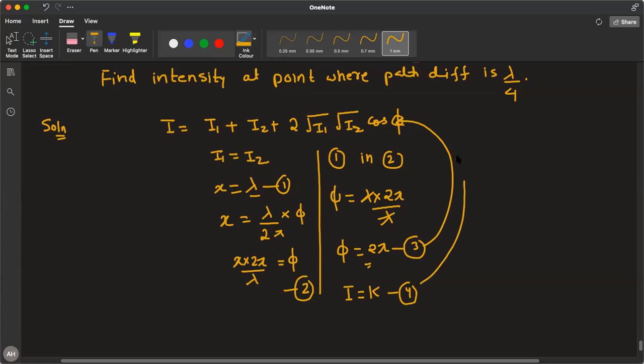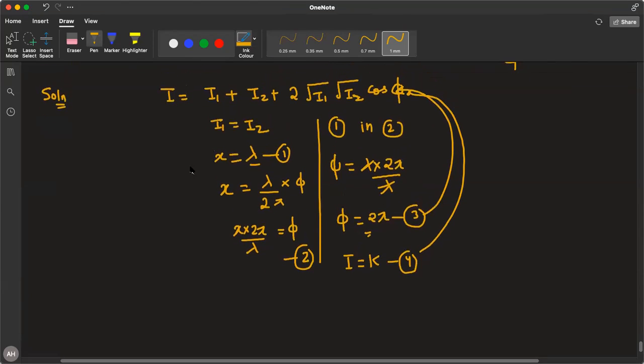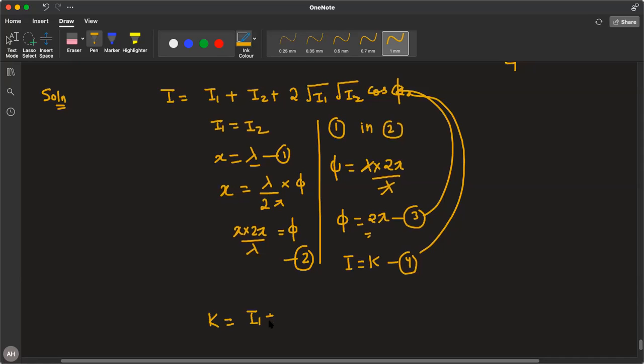Substitute 3 and 4 here. So your I is k, so you can write that k is I1 plus I2 plus 2 root I1 root I2 into cos 2 pi. Cos 2 pi is 1.